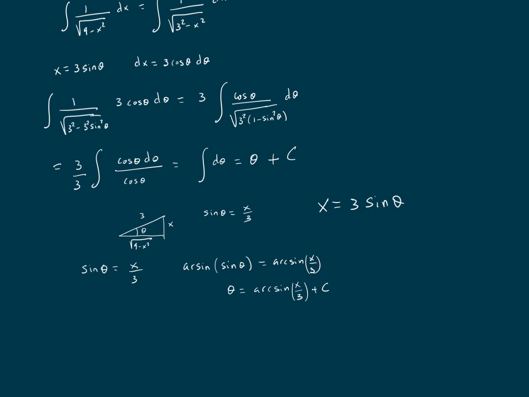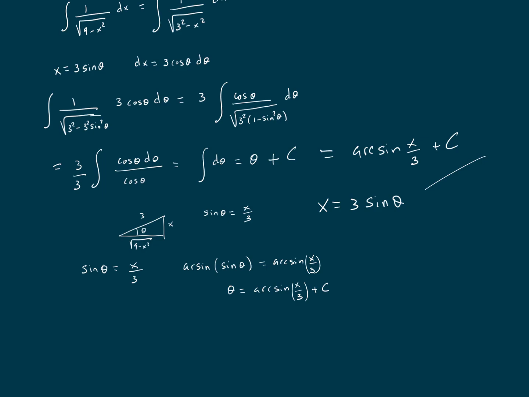As a conclusion, theta is arc sine of x divided by 3. So the result of this integral is theta plus c, or arc sine of x divided by 3 plus c, and we have solved again the same integral using a trigonometric substitution, x equal 3 sine of theta.